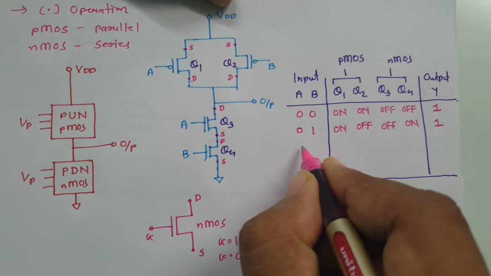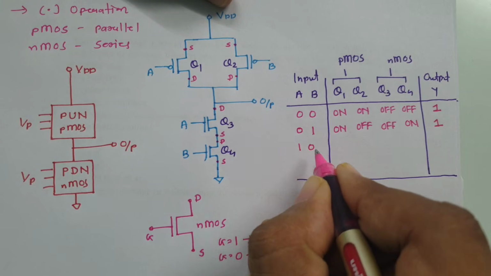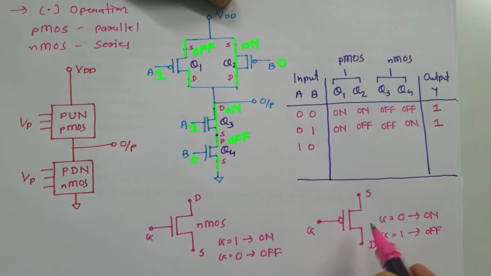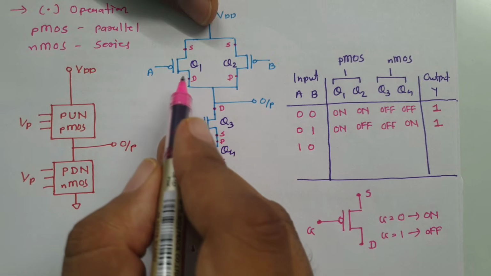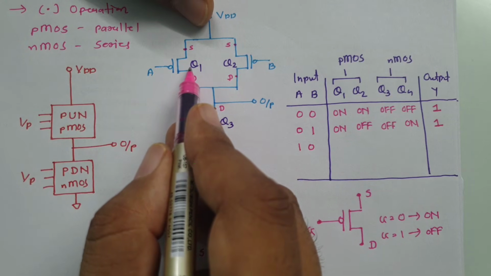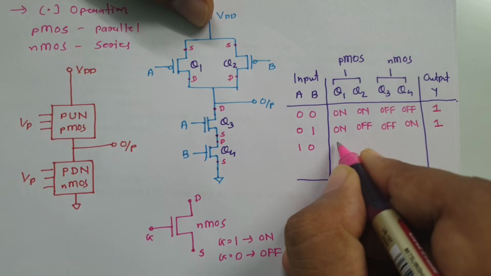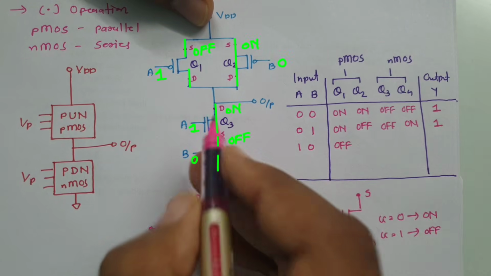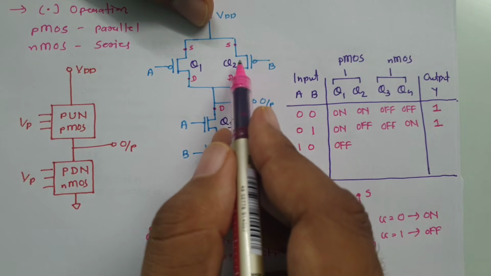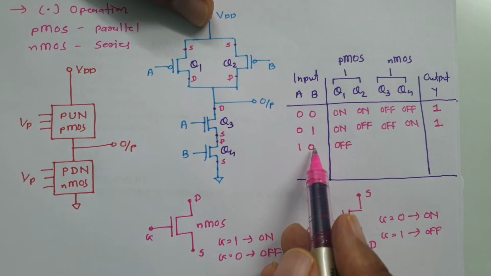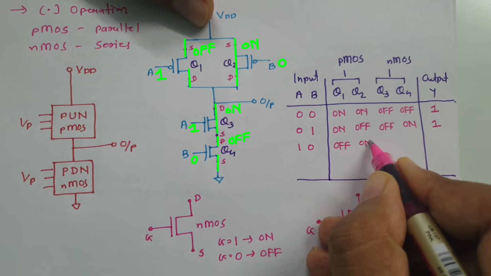Now let us have third case. So that is 1 0. In that, if you see PMOS, here A is connected with Q1, that is 1. So it will be off, and this B is connected with Q2, so that is PMOS, and B is 0, so it will be on.